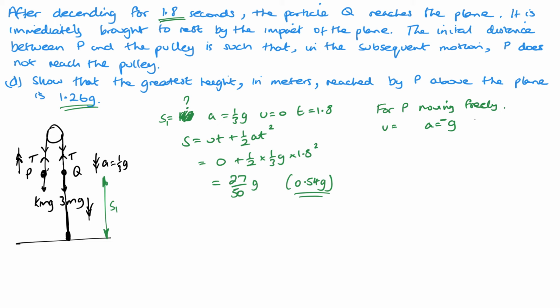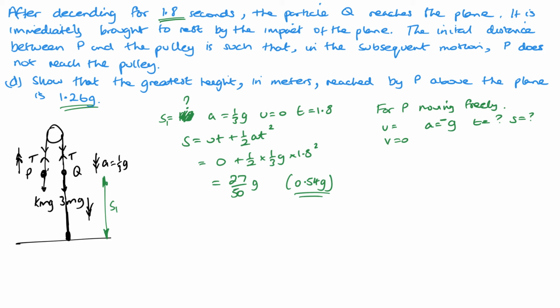We don't know t, and we don't know s. We know v. V is going to be 0. So we can work out u, because we can work out what v is when this part hit the surface, because the moment it hit the surface, that's the start of P's velocity.